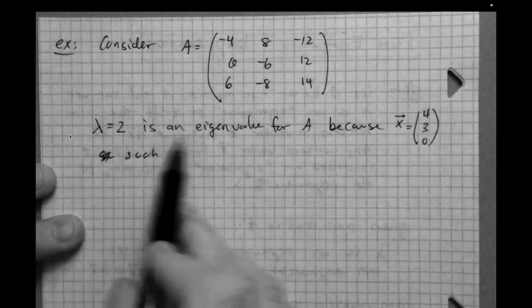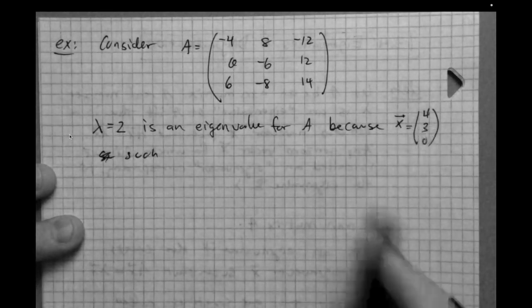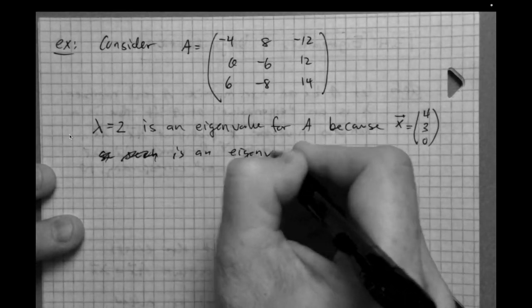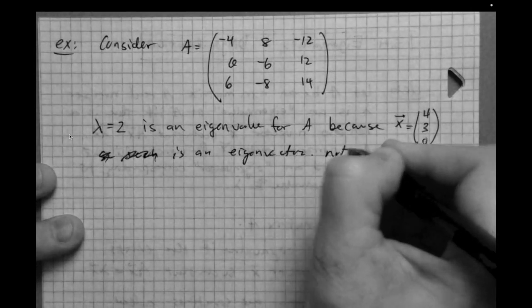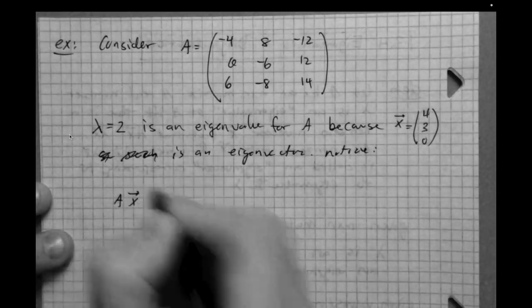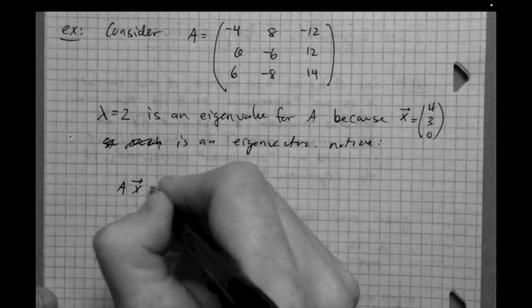So lambda equals 2 is an eigenvalue for A because x equal to 4, 3, 0 is an eigenvector. All right, so notice what are we going to say here? Well, we're going to say that A times the vector x is going to produce some vector. Let's figure out what that is.